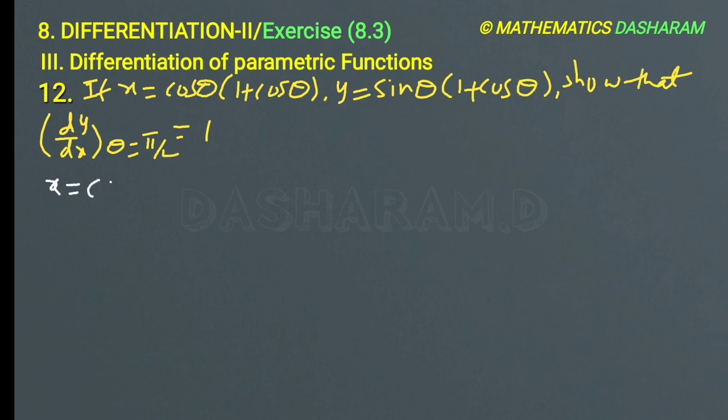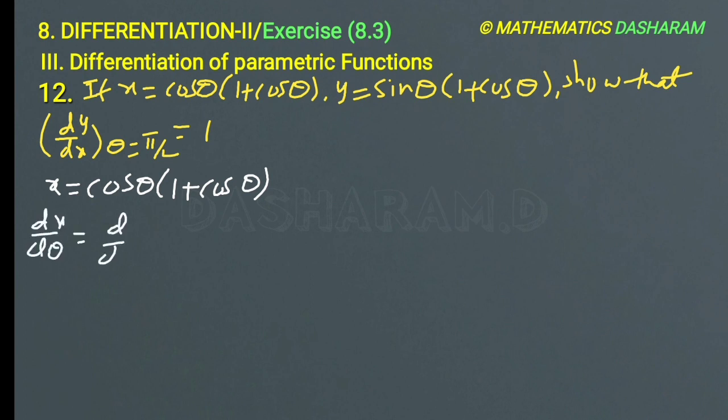So first, x equals cos theta bracket of 1 plus cos theta. Now take the derivative on both sides with respect to theta. So cos theta times 1 plus cos theta is a product of two functions, so apply the u into v formula.